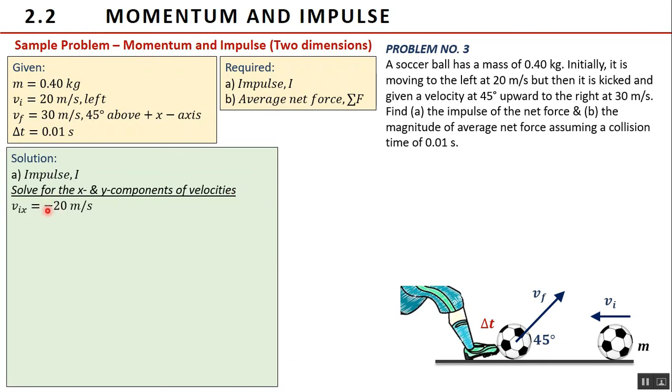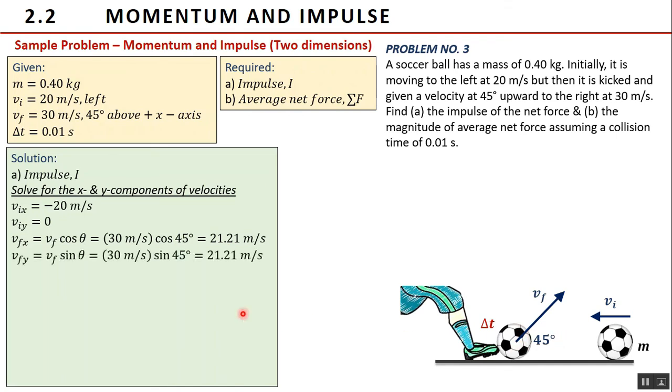This is negative since the ball moves initially to the left, while the y component of the velocity, v sub iy, is 0. The x component of the final velocity is v sub f cosine of 45 degrees, and that is 21.21 meters per second, while the y component, v sub fy, is v sub f sine of 45 degrees, and it is also equal to 21.21 meters per second.